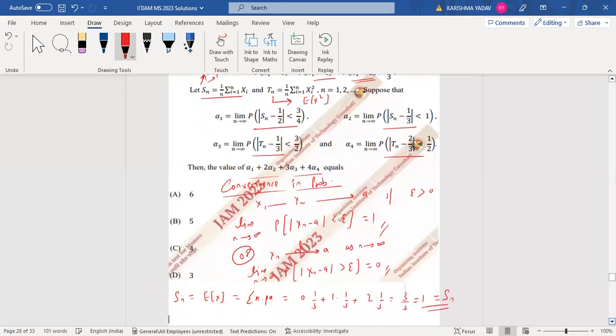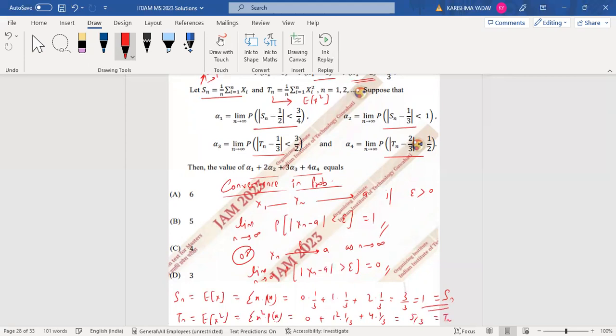Now let's work on Tn, which is equal to the expectation of x square, which is sigma x square into px, the probability of x. That is 0 square into 1 by 3, which is 0, plus 1 square into 1 by 3, plus 2 square into 1 by 3, which is 4 by 3, and that is equal to 5 by 3, which is my Tn.